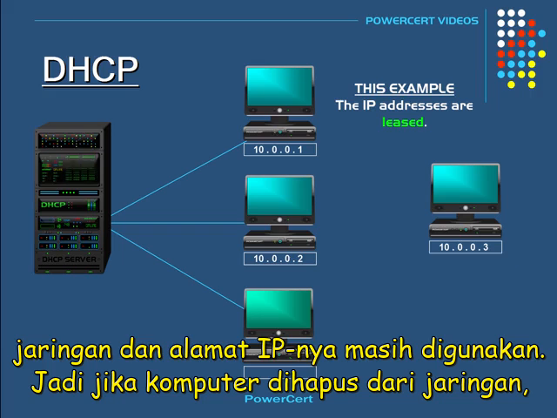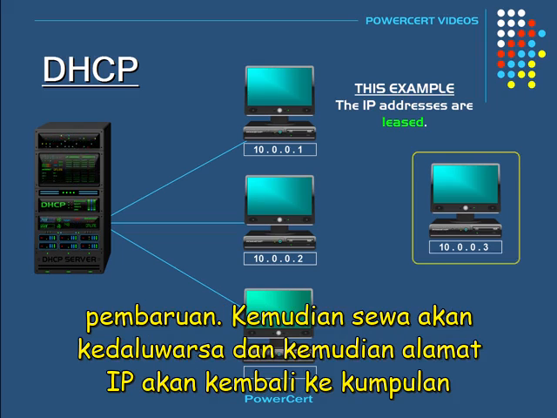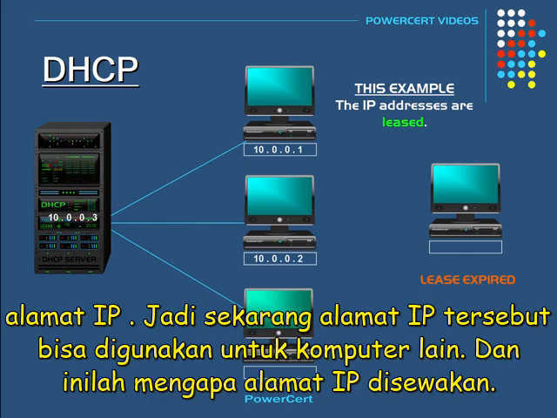So if a computer is removed from the network, that computer is not going to be able to ask the DHCP server for a renewal. And if it doesn't ask for a renewal, then the lease will expire and then the IP address will go back to the IP address pool. So now the IP address can be used for another computer. And this is why IP addresses are leased.